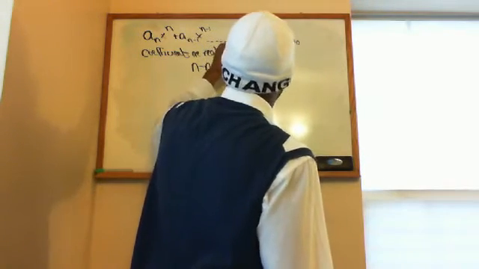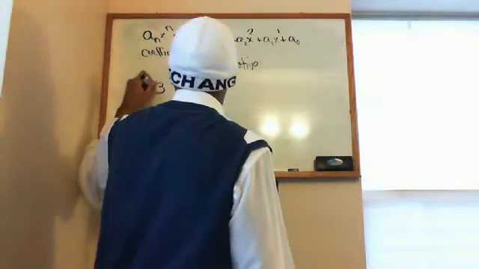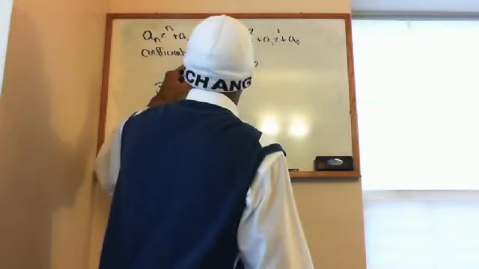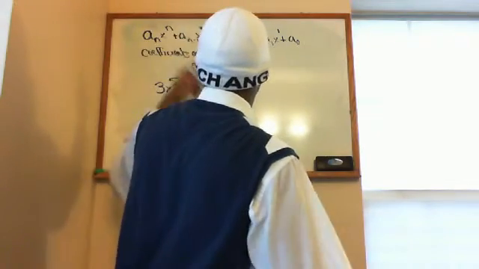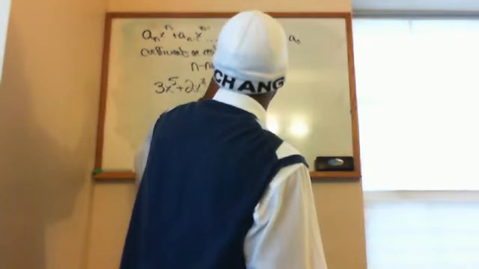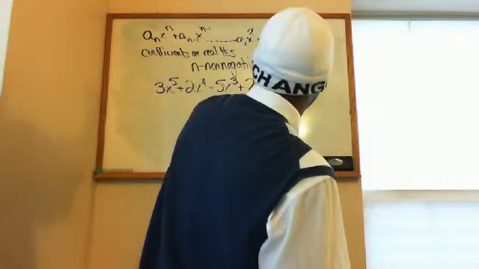Now, an example of a polynomial would be something like this: 3x to the 5th plus 2x to the 4th, I'm sorry, minus 5x cubed plus 2x squared minus 5x plus 1.